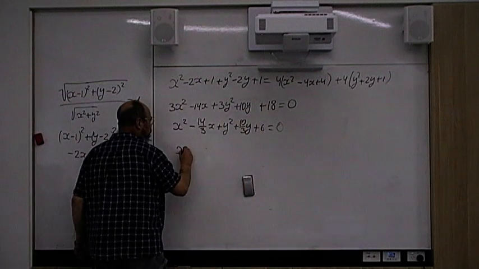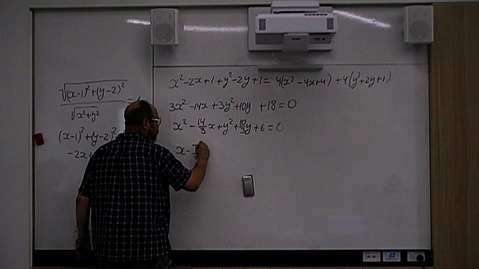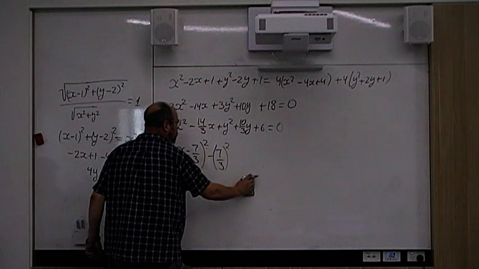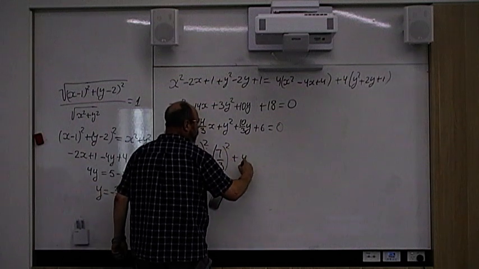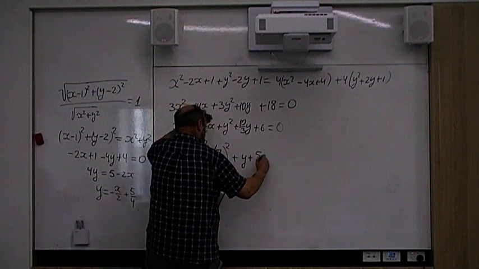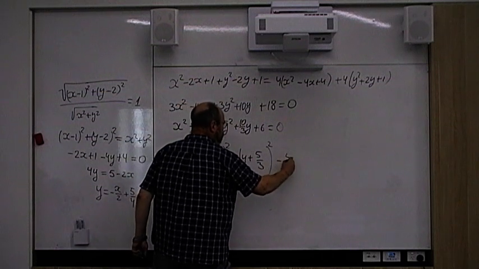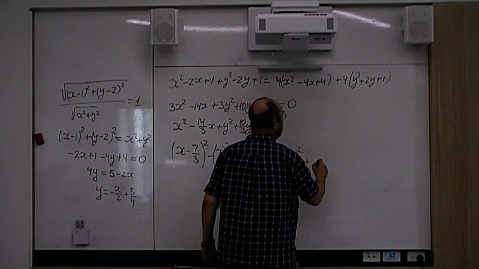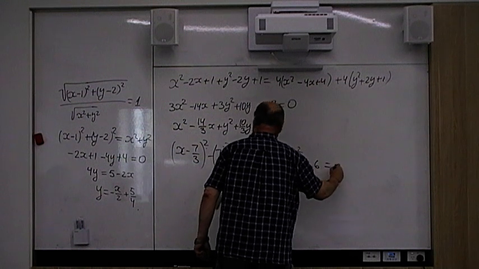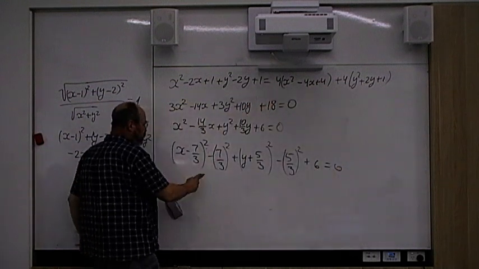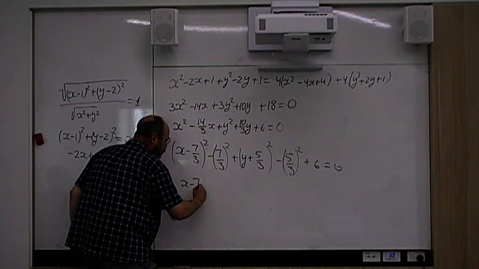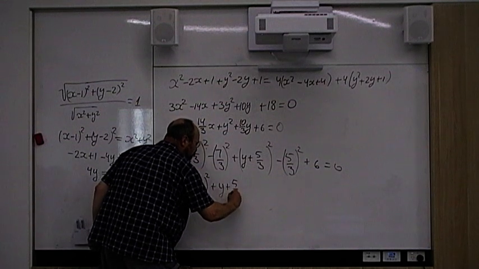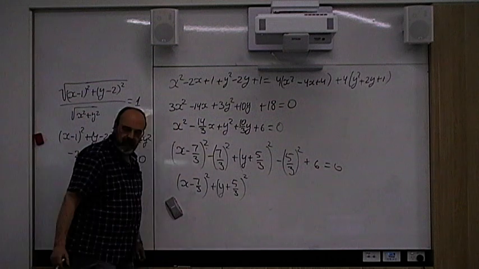Completing the square, we get (x minus 7 on 3) squared minus (7 on 3) squared plus (y plus 5 on 3) squared minus (5 on 3) squared plus 6 equals 0, and so we get (x minus 7 on 3) squared plus (y plus 5 on 3) squared.